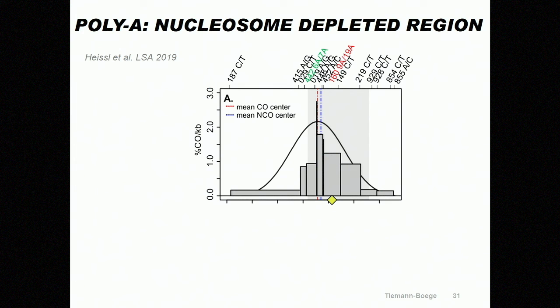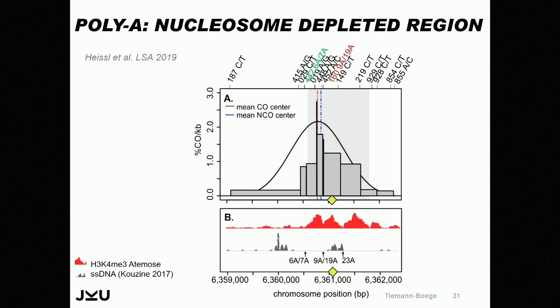So we also found that poly-As have a different nucleosome structure. If we look at the H3K4 methylation, exactly at the sites where you have long 19A poly-A repeats, you seem to have less H3K4 methylation, and it's likely because there's no histones to begin with.